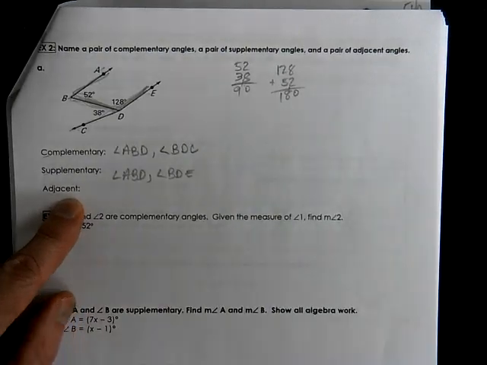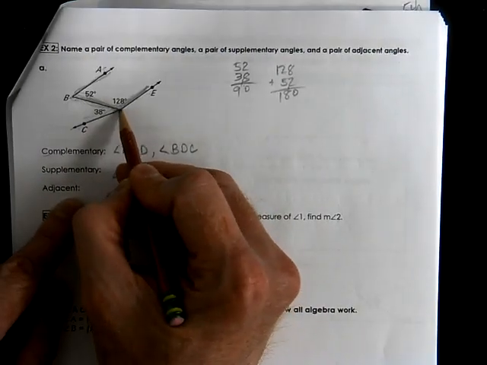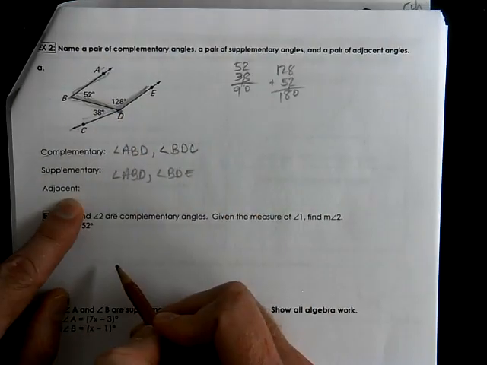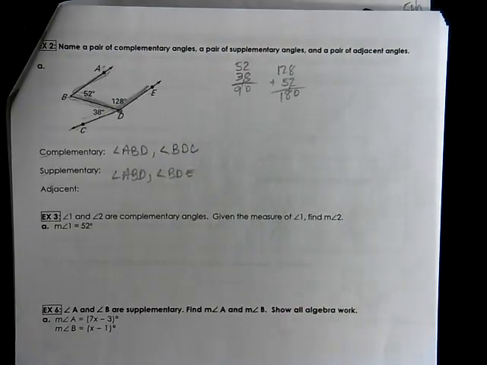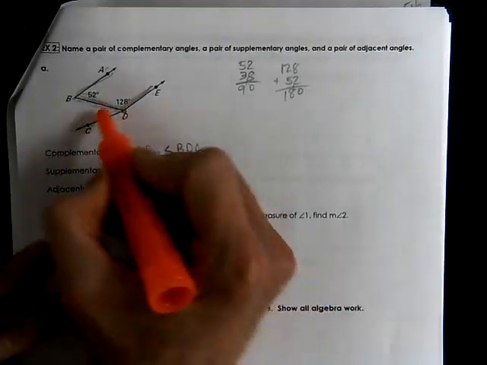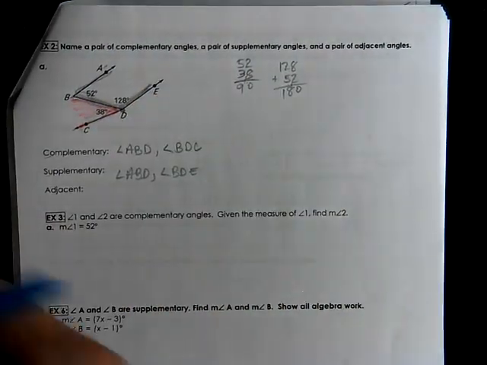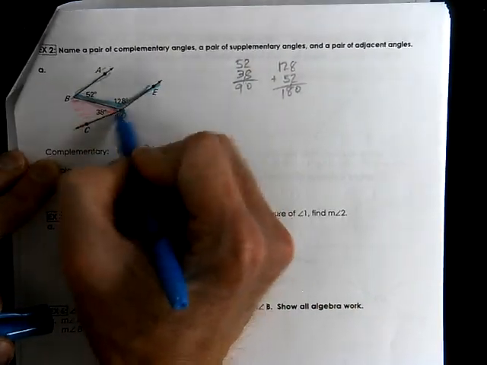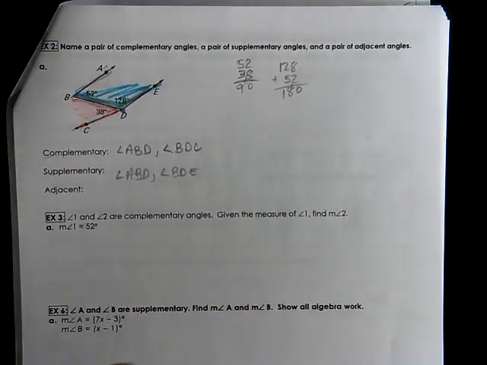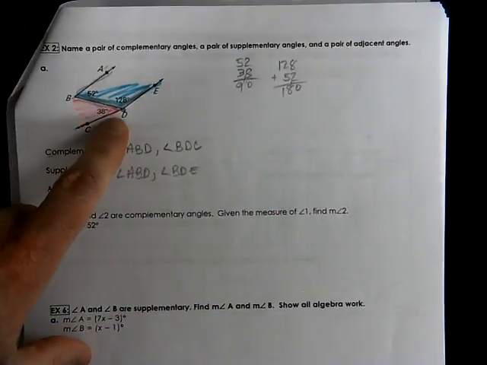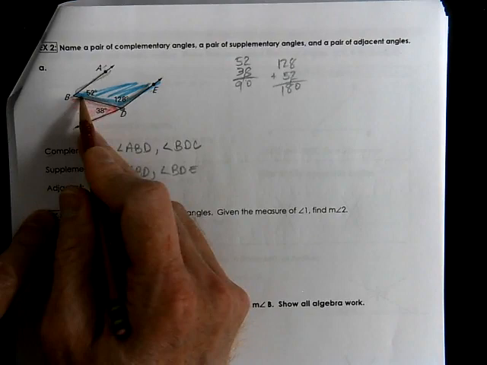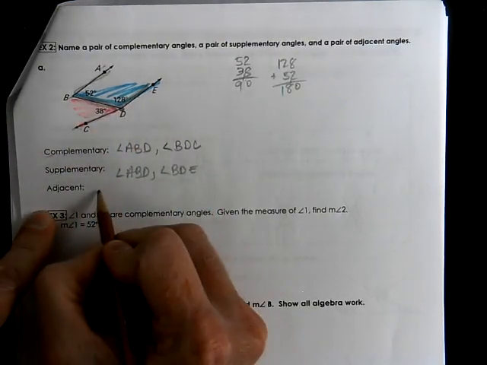And then adjacent, the ones that are right next to each other and share a common vertex. The way we talked about it before was we trace out that angle and we trace out this angle, and we see that they do not overlap, they have the same vertex, and they share a side.